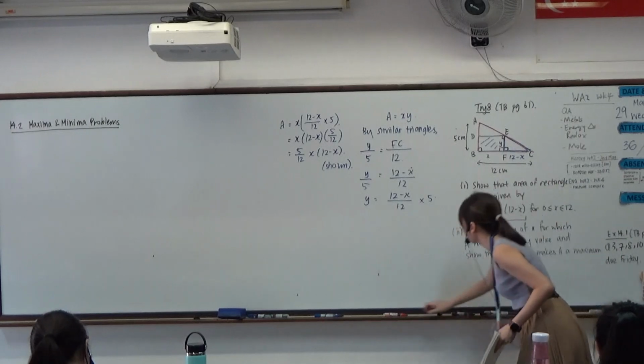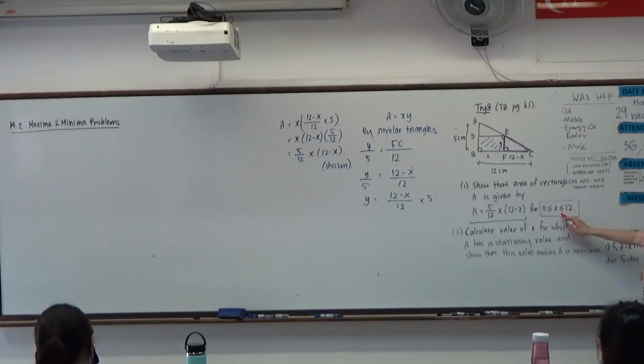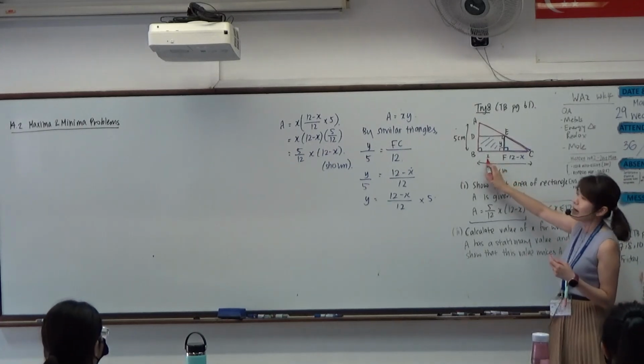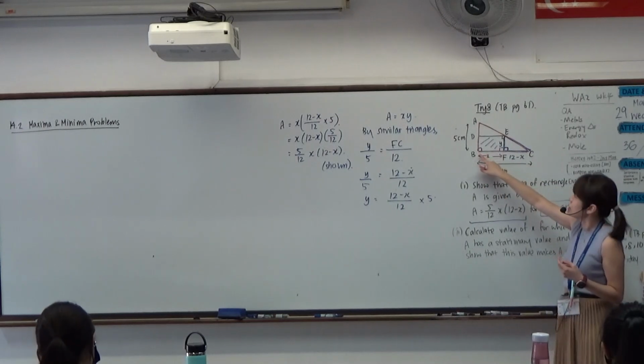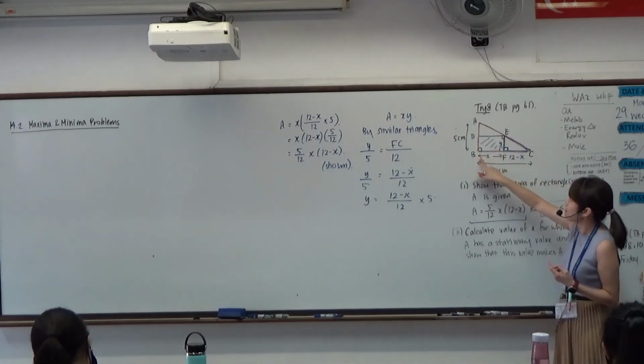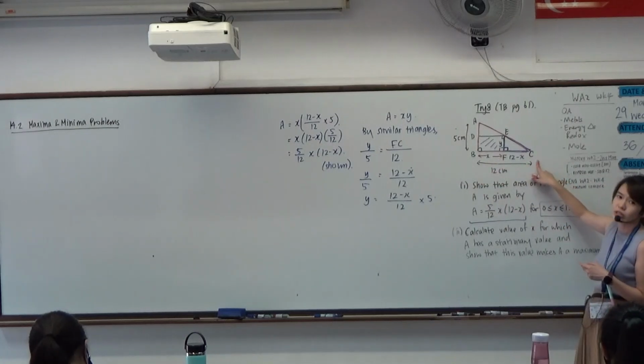Maybe before we go into part 2, I just want to also explain why the area is bounded by x values that are between 0 to 12. The reason it is bounded from 0 to 12 is because my x is this length over here. It sits in the triangle whereby the base over here, the maximum that it can go to is 12.